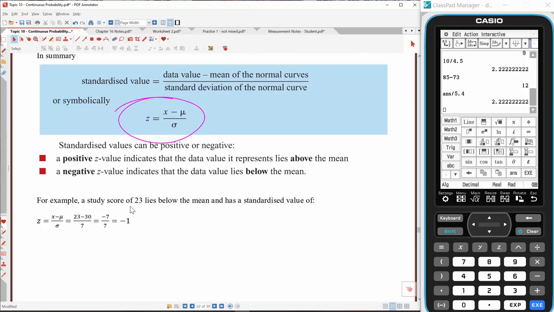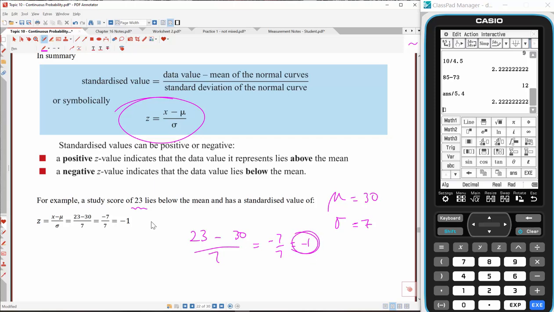Here's what would happen to a student who got a study score of 23. Remember, in the VCE, we have a mean of 30 for every subject, and a standard deviation of 7. So let's work out what her Z-score was: 23 take away 30 over 7 equals -7 over 7 equals -1.